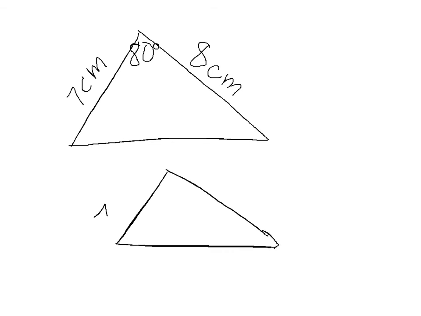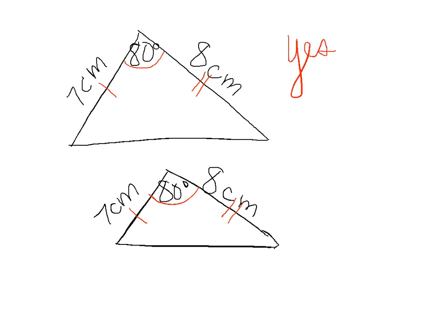So also a 7 centimeter side, then an 80-degree angle, then an 8 centimeter side. You're going to think back to the theorems we just talked about and see if one of them is represented here. Now, we basically have side, angle, side here. So we would say yes, these two triangles would have to be congruent, and it's because of side, angle, side.